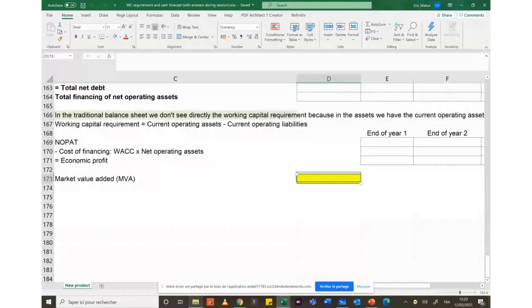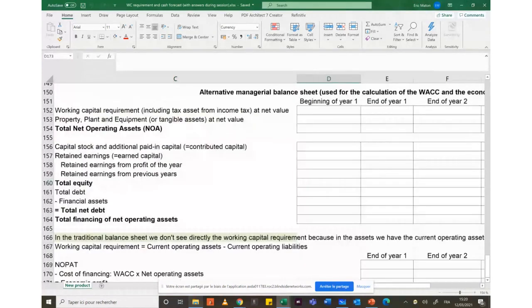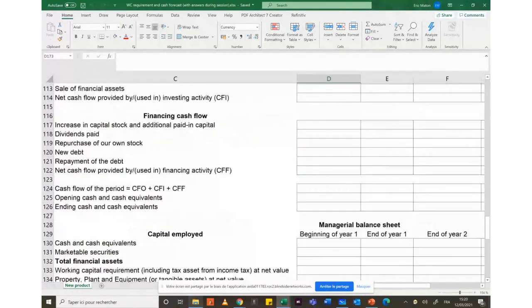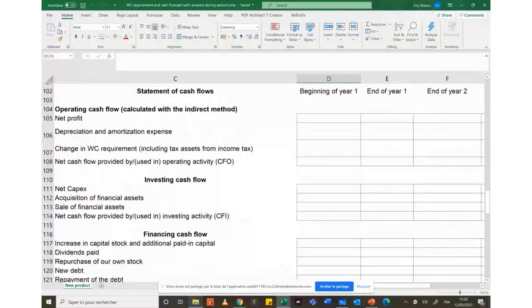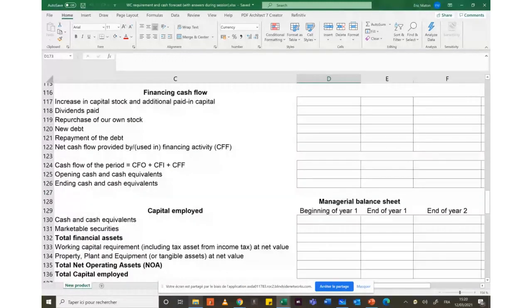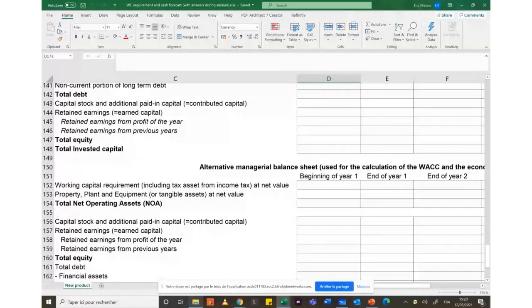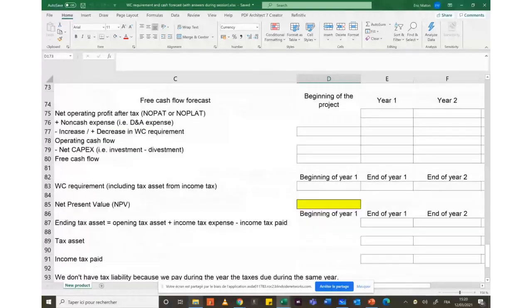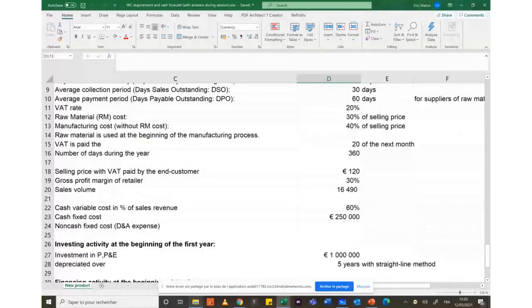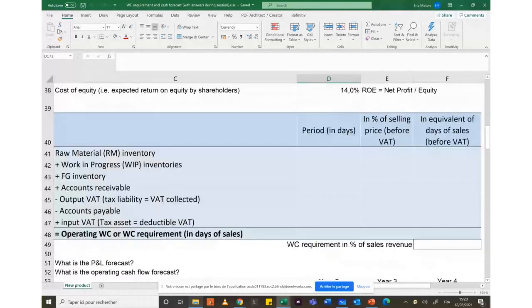In between, I also created all the statements of cash flows, and I created all the managerial balance sheet. So we will not have the time to do everything, but after I will give you the correction of all of this. So for the moment, we want to create the forecast of the working capital requirement in function of the operating indicators about the operating activity.